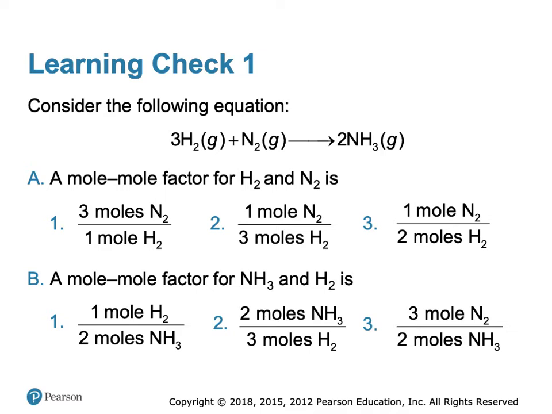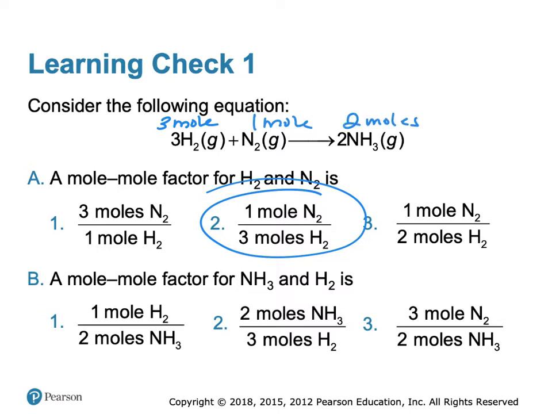There are 3 moles of hydrogen and 1 mole of nitrogen, so the correct answer would be 2. The next, B, says a mole-mole factor for ammonia and hydrogen. There are 2 moles of ammonia, so the correct answer, again, would be 2, where you have 2 moles of ammonia to 3 moles of hydrogen.